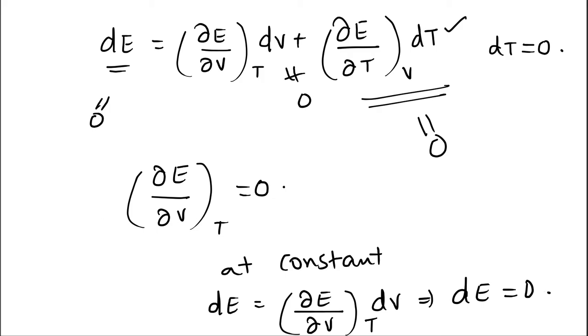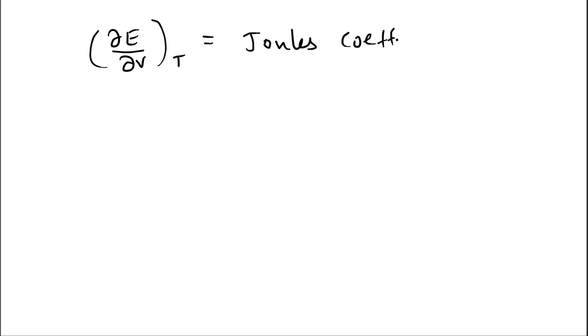Therefore, what can we write? We can write that this one, dou E over dou V, which is Joule's coefficient, having the units of pressure, is defined as the internal pressure. Dou E over dou V, which is known as the Joule's coefficient, is equal to 0 for an ideal gas, and is known as the internal pressure.